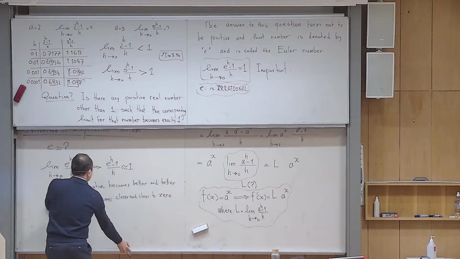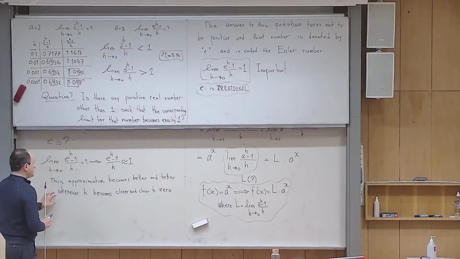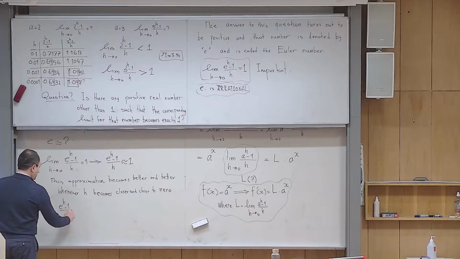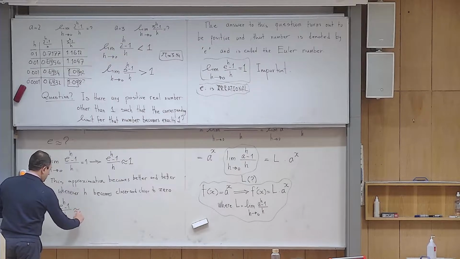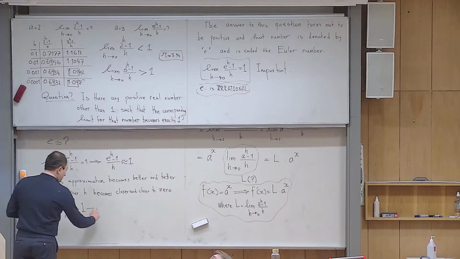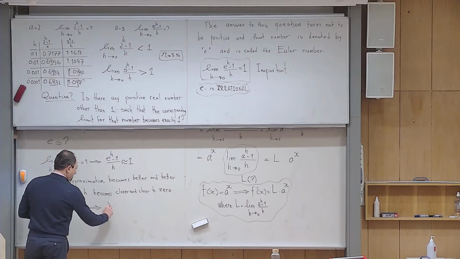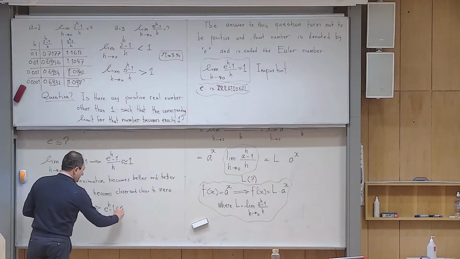But before starting doing calculations, let me just try to do some algebra. (e to power h minus 1) over h is approximately equal to 1. I multiply everything by h. Then it means e to power h minus 1 is approximately equal to h.